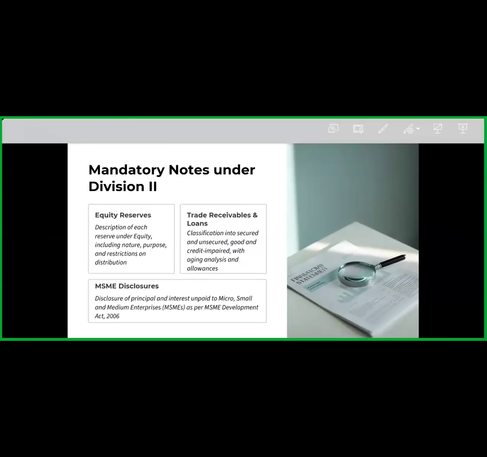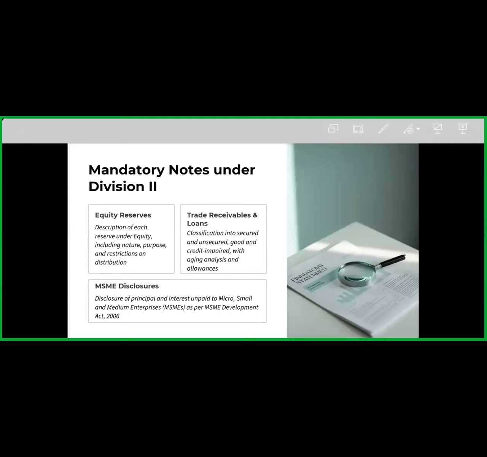Okay, which are the notes mandated by Division 2 of the Companies Amendment Act 2015? First one is the equity reserve.